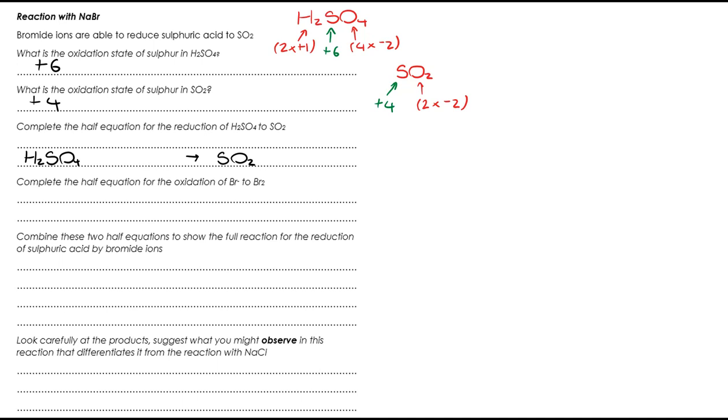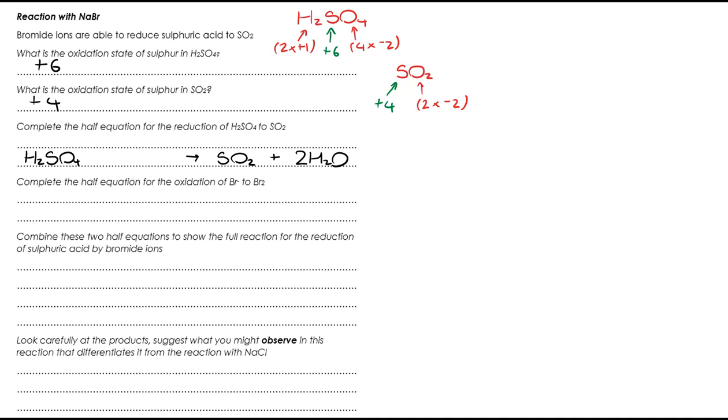Rule 2 is that I balance the oxygens by adding water. I've got 4 oxygens on the left, I've got 2 on the right, so I need 2 H2Os to balance those oxygens. Rule 3 is the balancing of hydrogen, and we balance hydrogen by adding hydrogen ions.